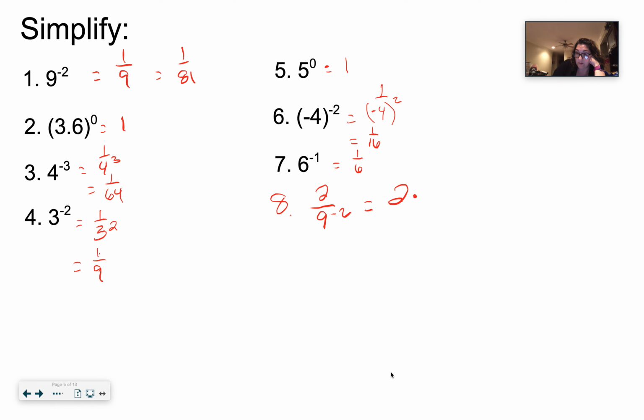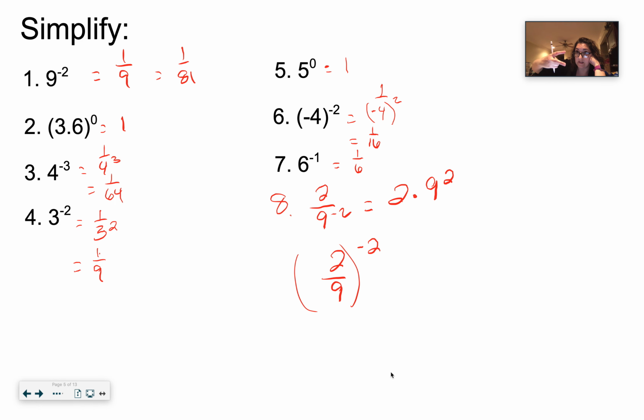So I'm taking that negative 9 from the denominator and bringing it up to the numerator. So that becomes 2 times (negative 9) to the positive second power. Now I have nothing in my denominator. The 2 stays in the numerator once again because the 2 does not have a negative exponent. Now, if I had parentheses around the whole fraction, then the whole thing would flip.